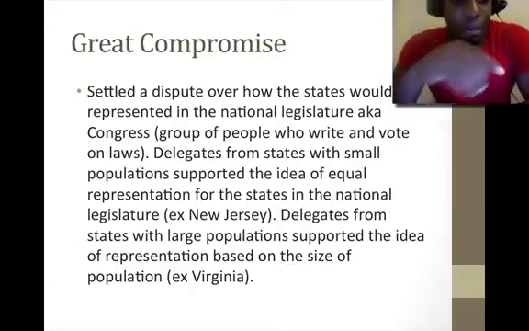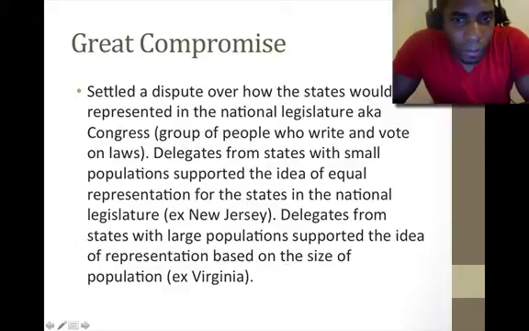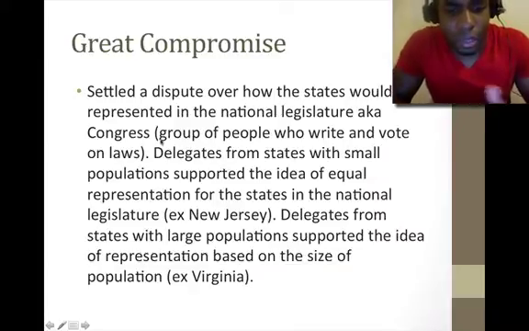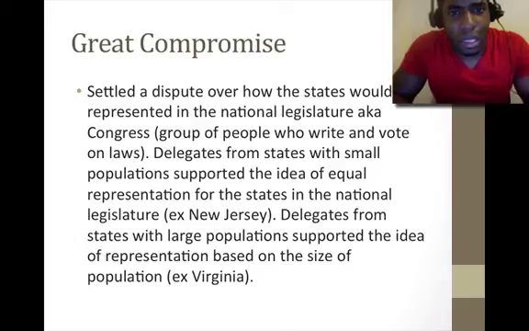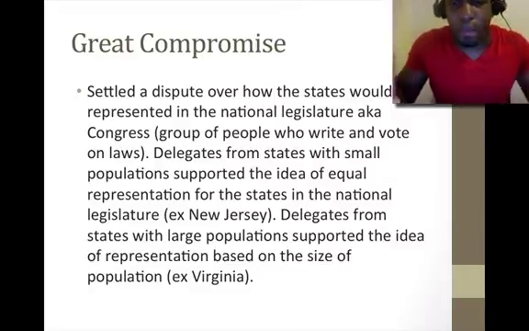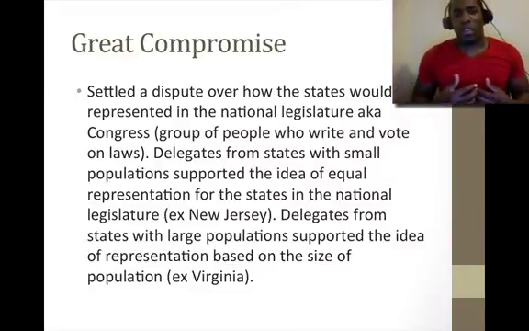Now, this compromise settled disputes over how the states will be represented in the national legislature, or the Congress. Essentially, this is what this was. The small states and the large states had issues. The large states were saying that because we're a big state, we should have more people in Congress.